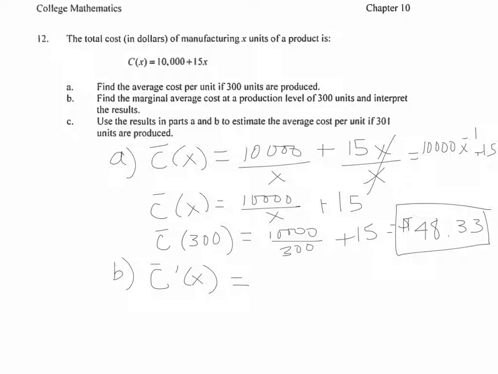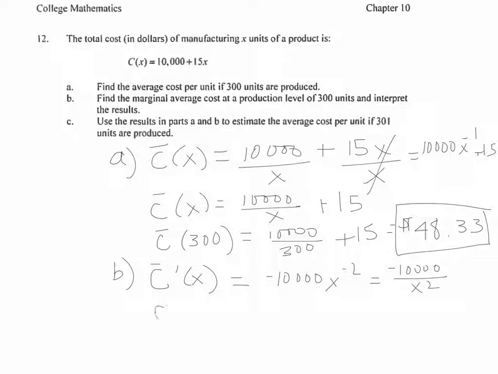Yes, because that -1 times 10,000 is -10,000. But what happens to my exponent? x to the -1 becomes x to the -2. Good, because I have to take 1 away from my exponent when I'm differentiating. And what happens to that plus 15 on the end? It becomes 0. So this is the same thing as -10,000 over x squared.